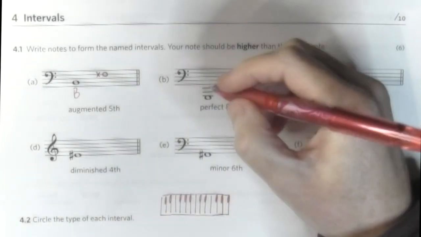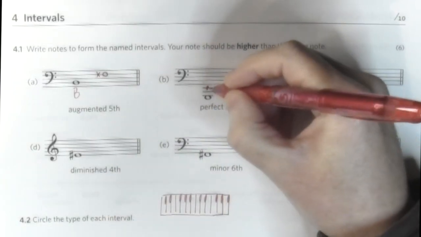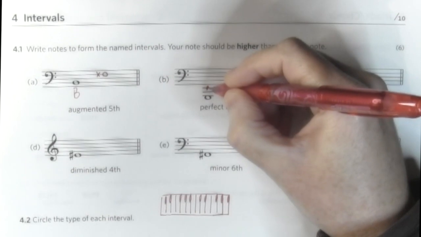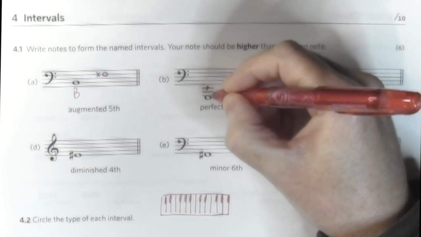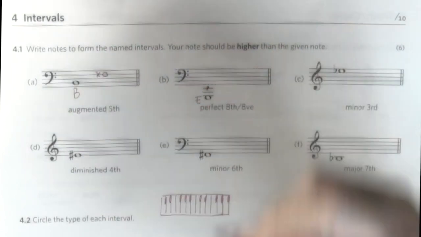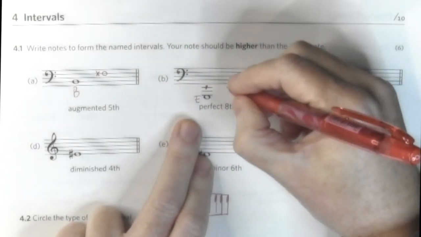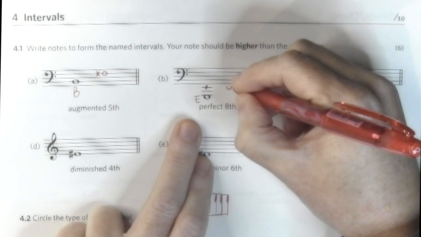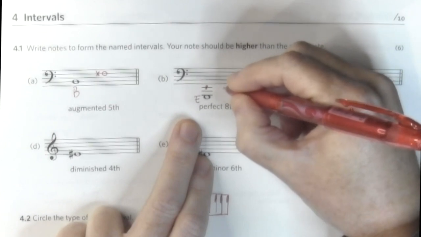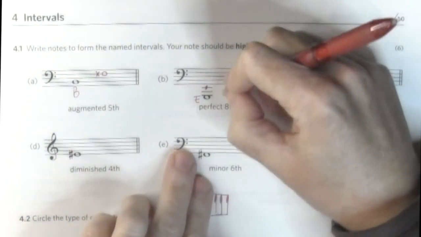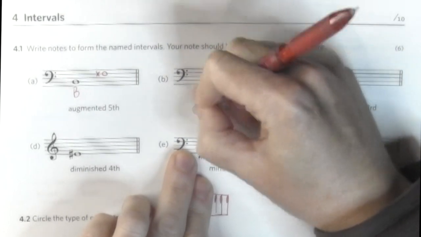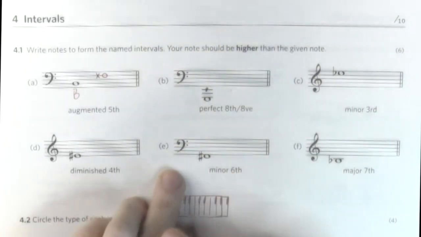Perfect octave, my favorite. First of all, we need the name of the note. Do, si, la, sol, fa, mi. This is a mi. Now we need to write an E above. First, the name of the notes.